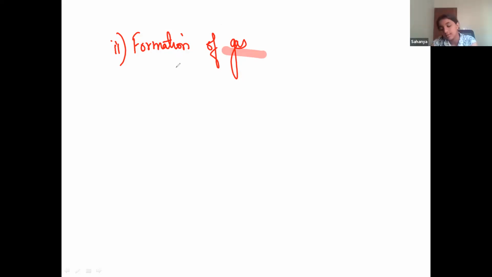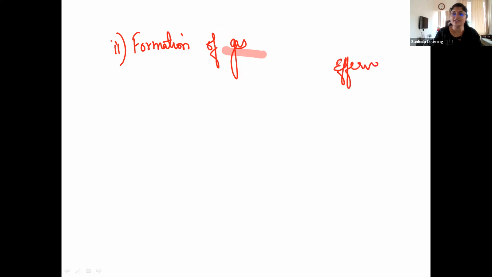As a gas is formed as a product and is released, it is termed effervescence. Effervescence, meaning what? You know sealed bottles of soda, maybe a Kinley bottle. If you open the soda bottle, you can hear a crackling sound, right?